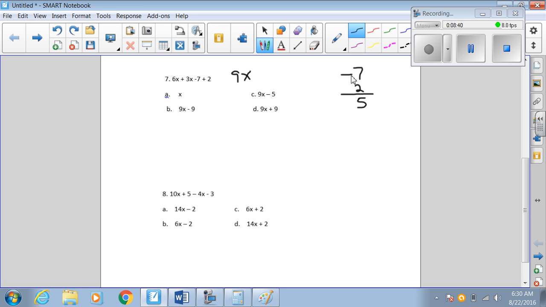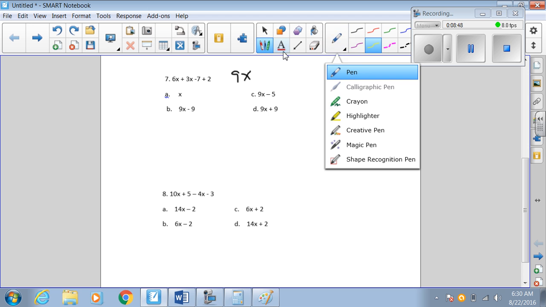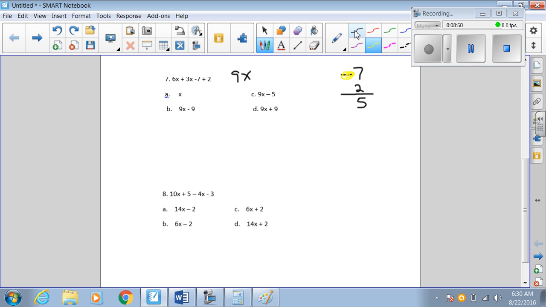Then we have to keep the sign of the bigger number, let's not forget that, which means we have a negative 5. So that's 9x minus 5, and it's just that simple. If we look at our problem, 9x minus 5 is C. So that tells us that one right there.